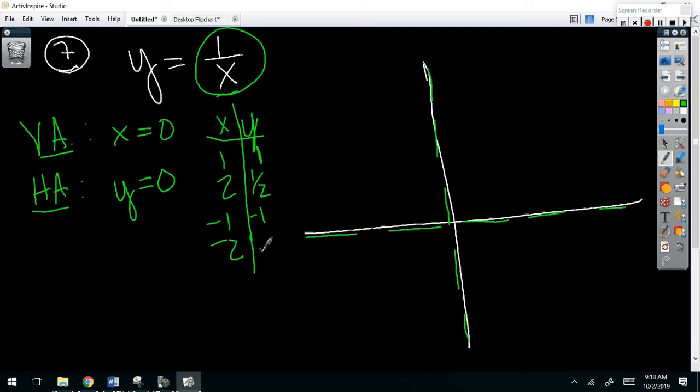Just plugging into that equation so that you can see the graph here. So I have (1, 1) and (2, 1/2). It comes around and hugs, and hugs. And then (-1, -1) and (-2, -1/2), and it hugs, and it hugs.